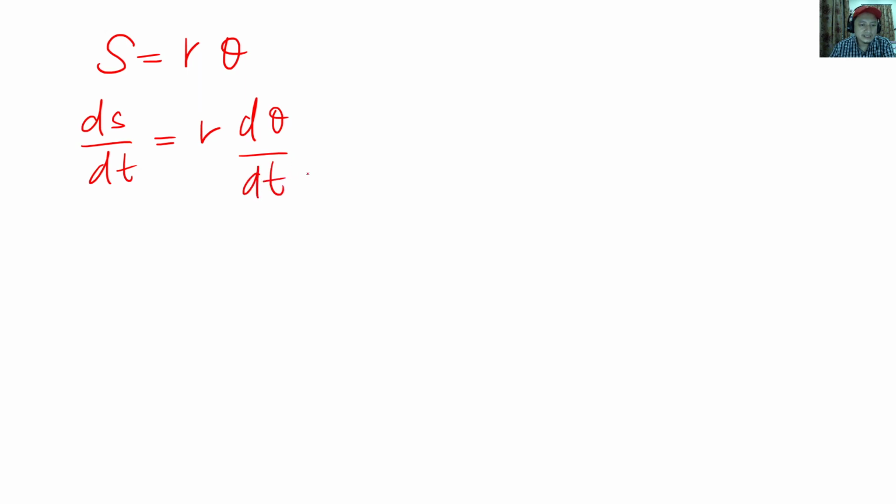So we've seen this formula. S is equal to r theta. When we differentiate, we're going to get ds over dt is equal to r d theta over dt, and this one is actually converted to become v is equal to r omega, right?